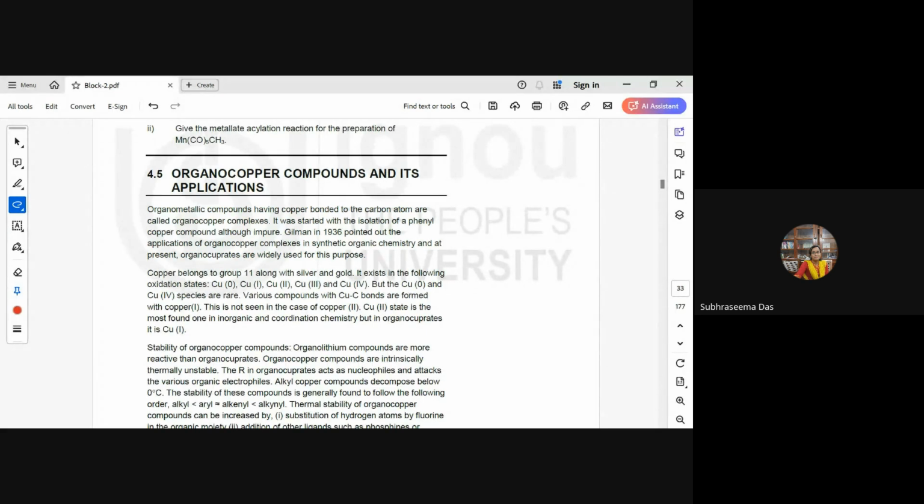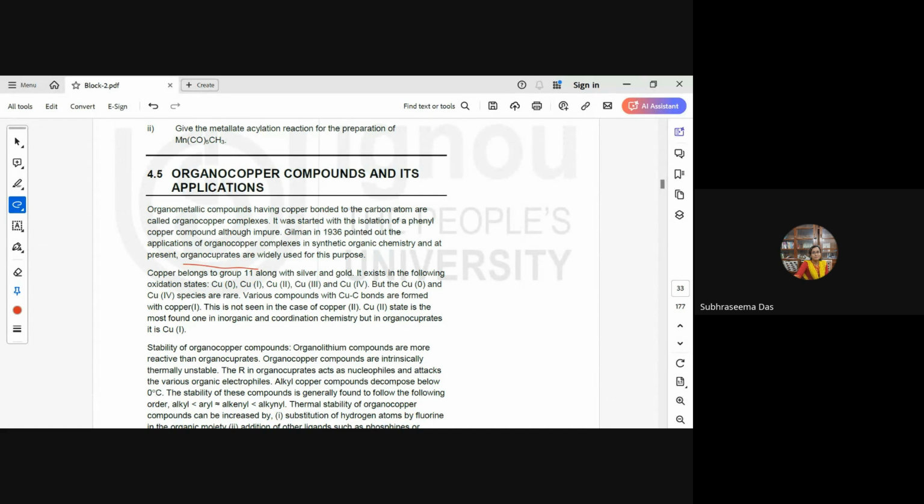Gilman in 1936 was the first to indicate the presence of organocopper compounds, and currently organocopper compounds are called organocuprates.